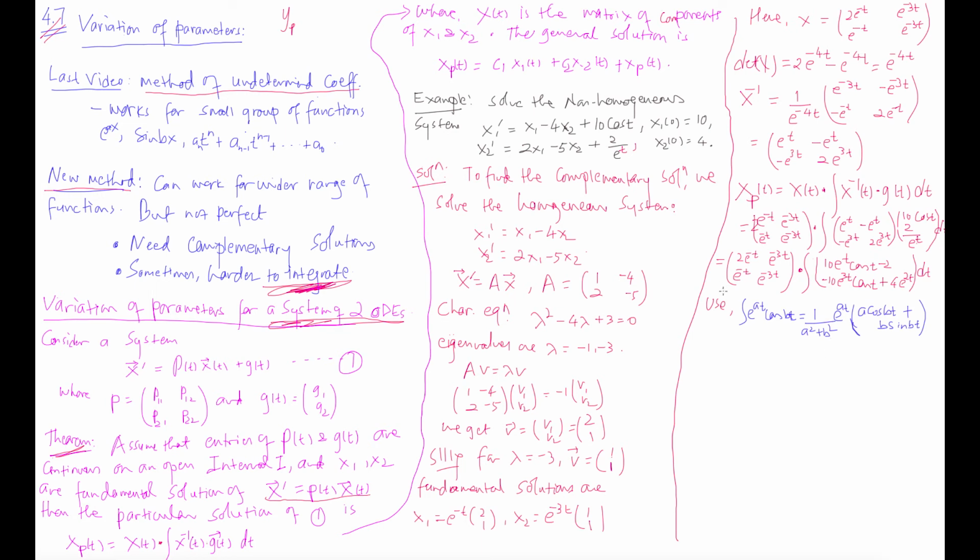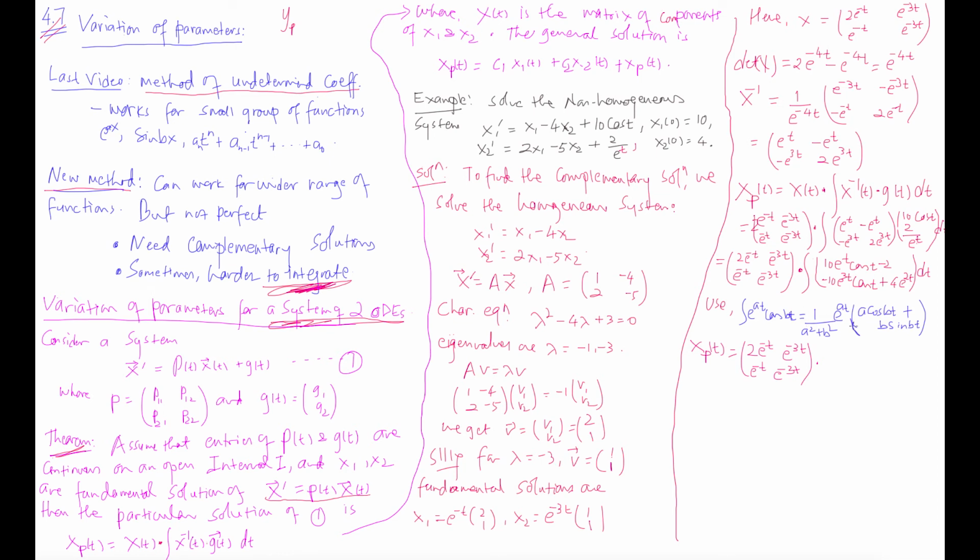So what you get is basically, on the left side, there is xp(t), right, equals, let us copy that, 2 e to the negative t, and then e to the negative 3t, and then e to the negative t, e to the negative 3t, right? You do that, and then times the integral of that.